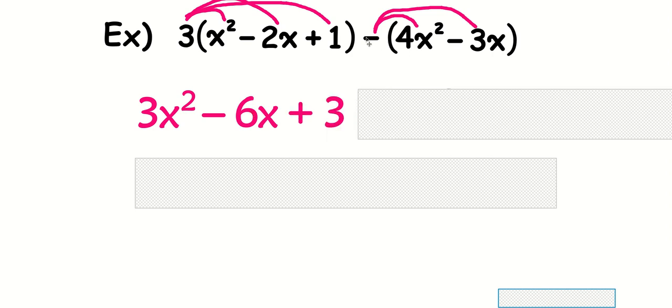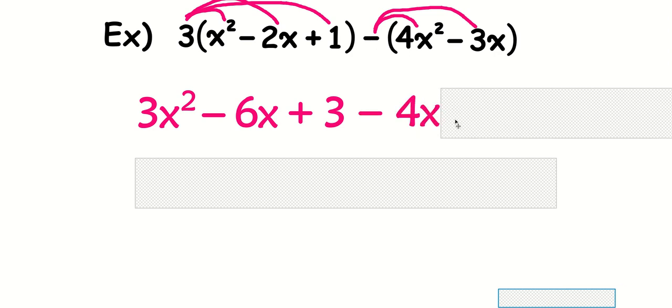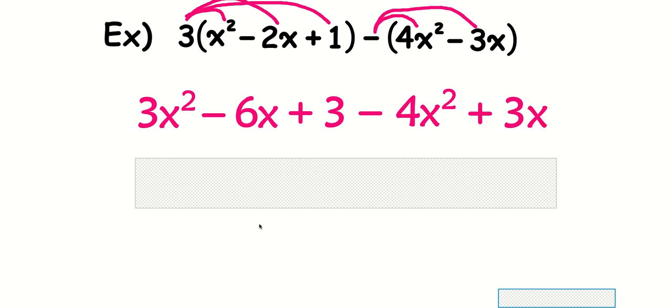And then over here what we're distributing is a negative 1. So that makes it negative 4x squared. And then what's negative 1 times negative 3x? Positive 3x.